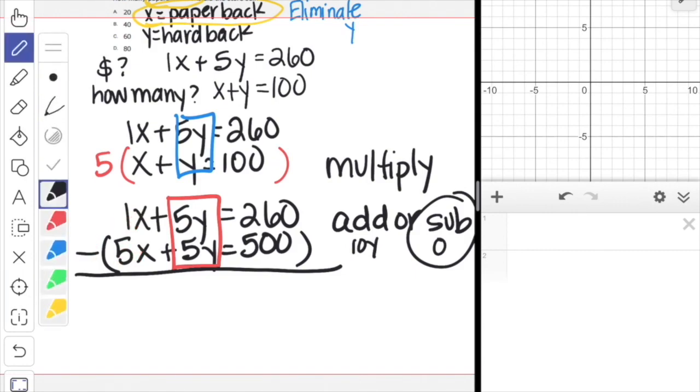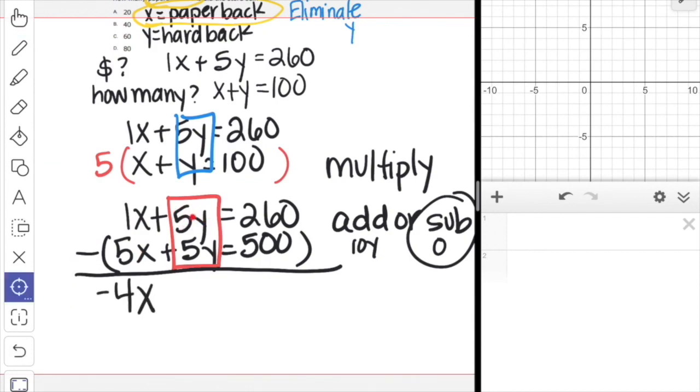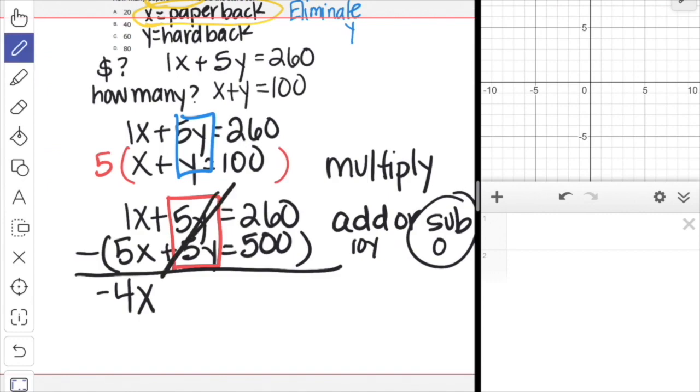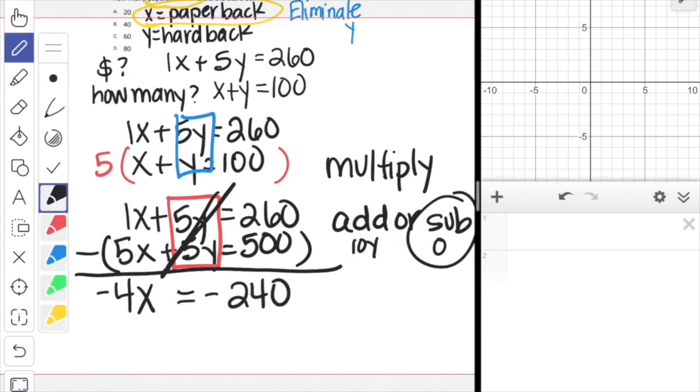So if I have 1x minus 5x, that's going to give me negative 4x. Then I have 5y minus 5y, that's going to be eliminated. And then we have 260 minus 500. So 260 minus 500, that's going to give me negative 240.